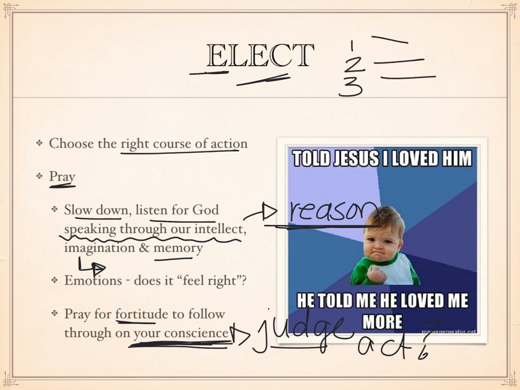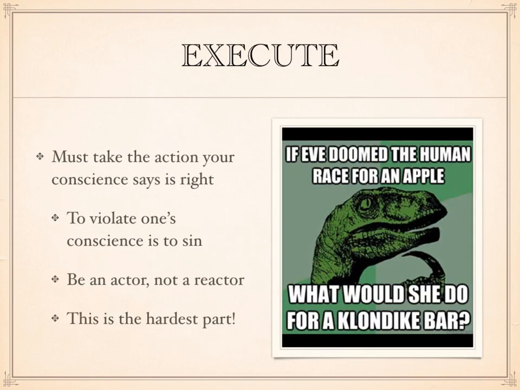And once you've made that election, the next step is execute. So you have to make a decision, and then you have to execute. You have to take the step your conscience says is right. And this is something about Catholic morality that's kind of interesting. You have to do what your conscience says no matter what, even if your conscience turns out to be wrong.